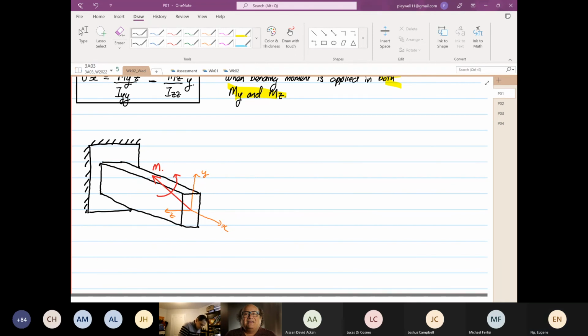So we have our cross-section view. So this is y, and this is z. Okay, and this is our rotation about x. Okay, so I'm going to sketch up our cross-section view.